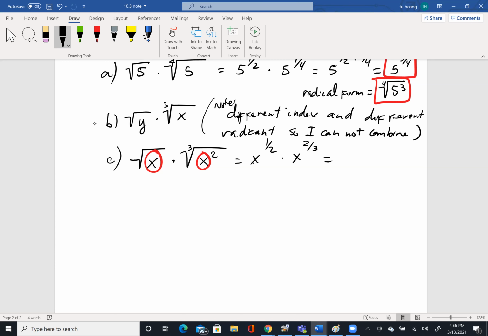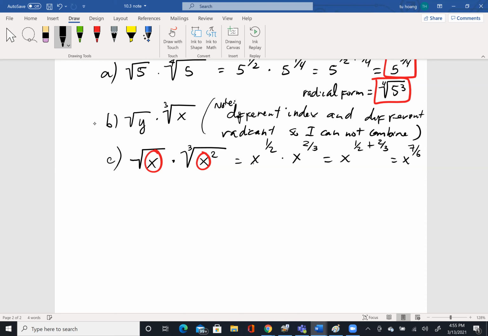I can rewrite it as 3/6 plus 4/6, which is going to be 7/6.